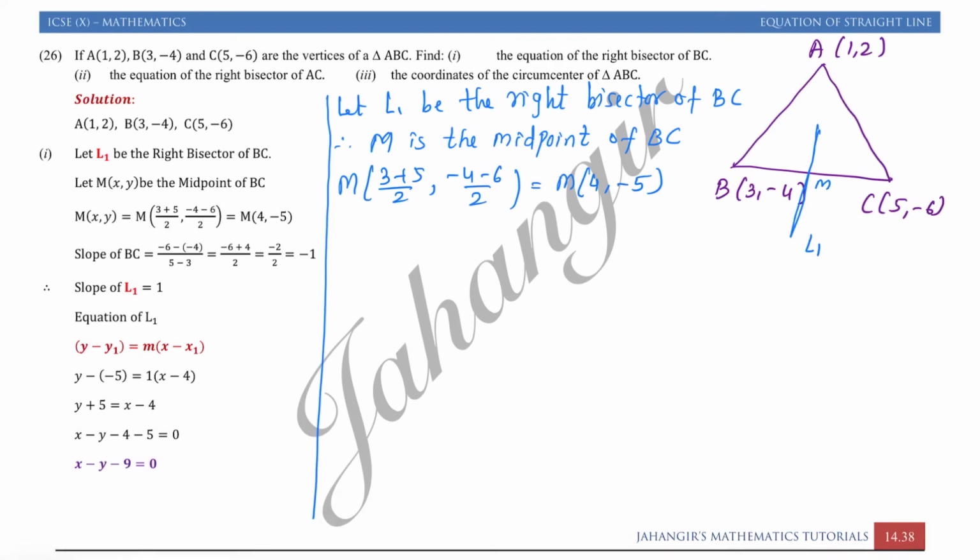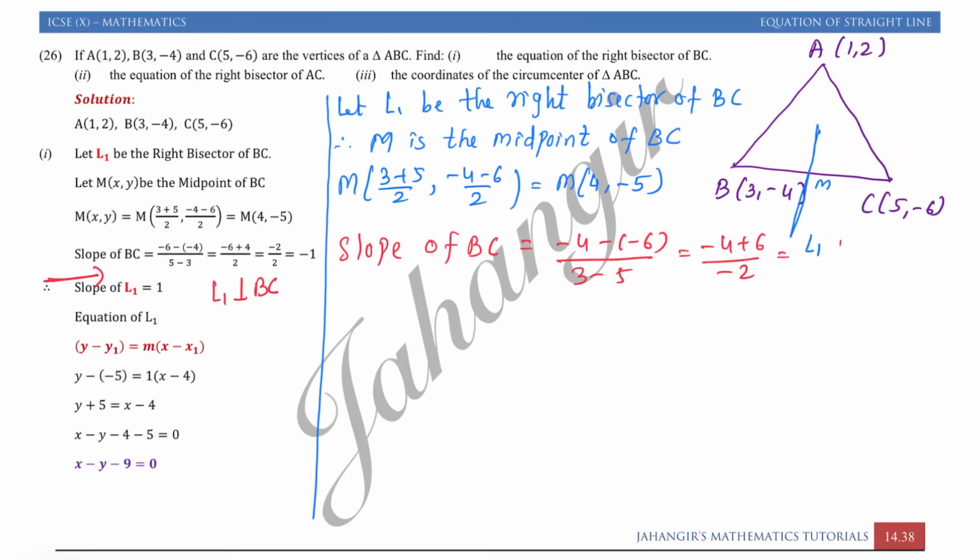Now we'll find the slope of BC, because line L1 is perpendicular to BC. So slope of BC is y2 minus y1, minus 4 minus of minus 6 upon 3 minus 5, that is minus 4 plus 6 upon minus 2.